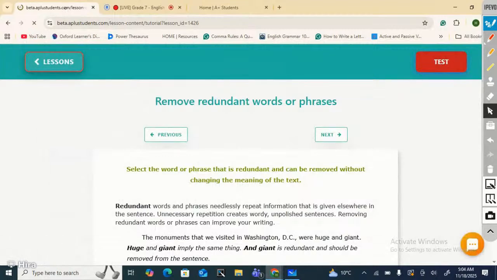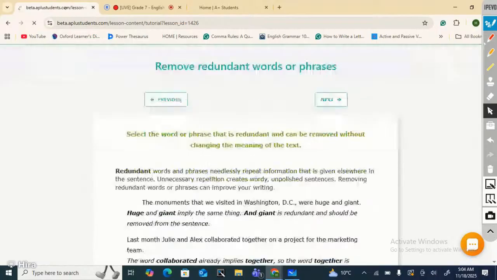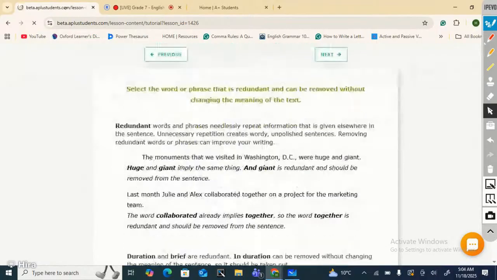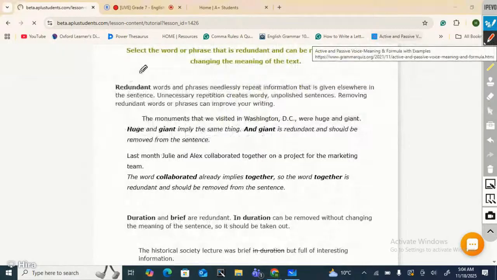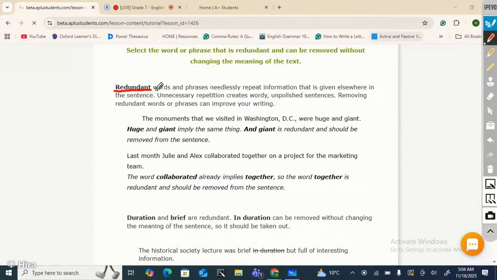What is redundancy, or what are redundant words or phrases? Redundant words and phrases needlessly repeat information that is given elsewhere in the sentence.